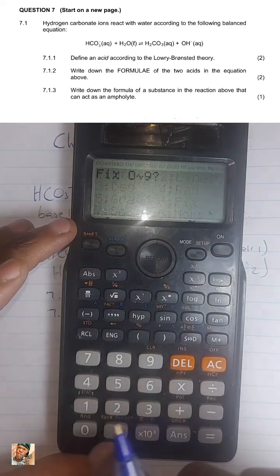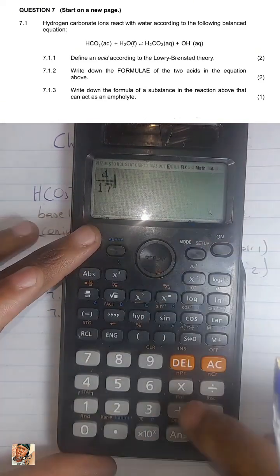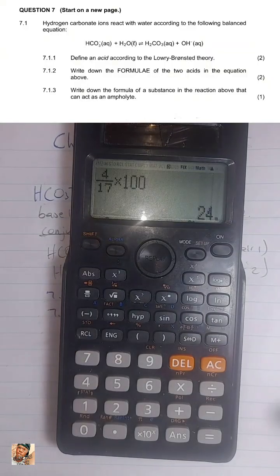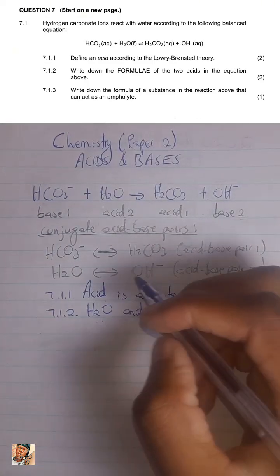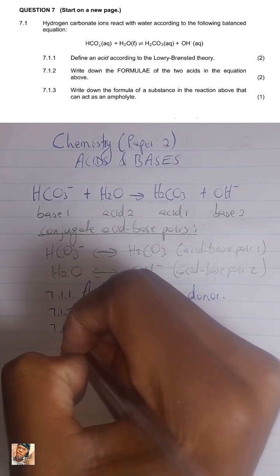So 4 out of 17 multiplied by 100, that's 24. So we already have 24% out of the total of this question. Okay, that means you're almost there to level 2. You know what I'm saying? So yeah, let us go to the next question, 7.1.3.